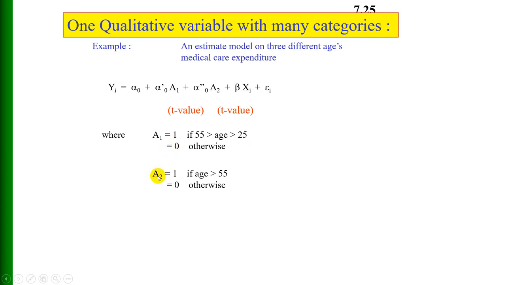Another dummy will be A2, that is equal to 1 if age is greater than 55. The sum of A1 plus A2 is not equal to 0 because we have one other category, and that is less than 25.